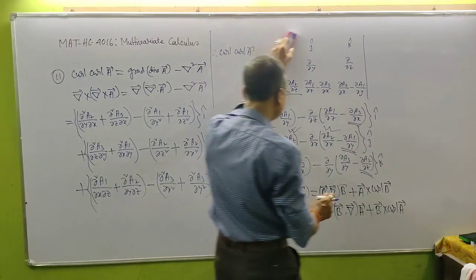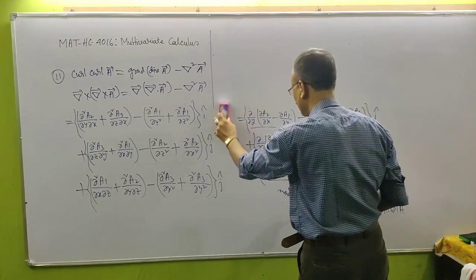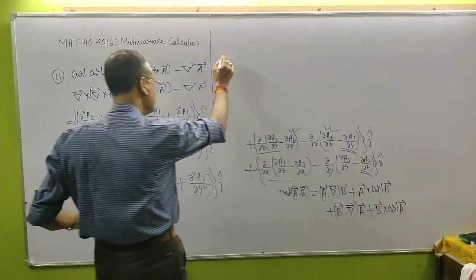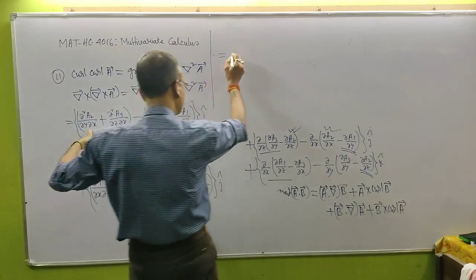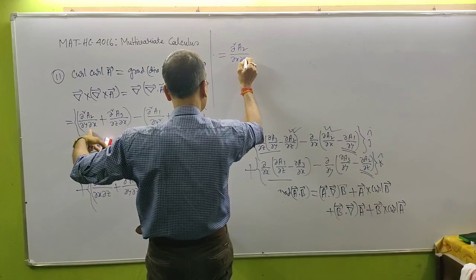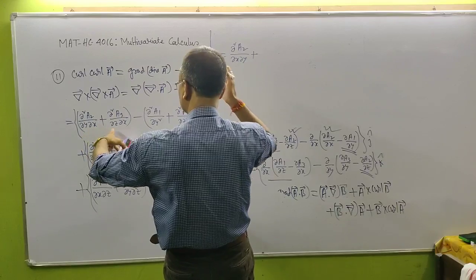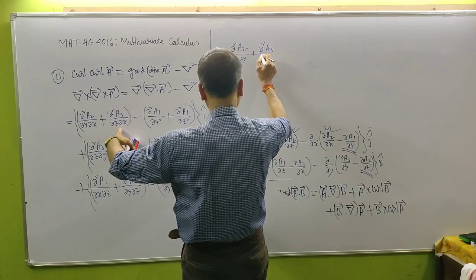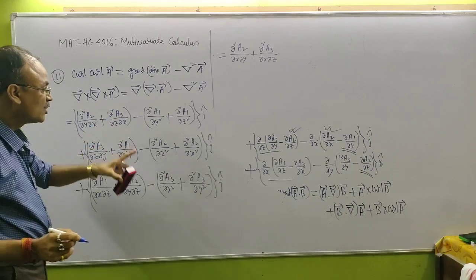Now we are evaluating curl of curl A vector. Now this is equal to, you may write, del square A2 by del x del y plus del square A3 by del x del z.